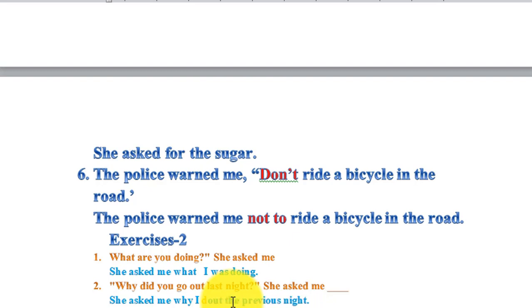I went out ልለው ይችላል እዚህ ጋር more clear ለማድረግ፣ why I went out the previous night.